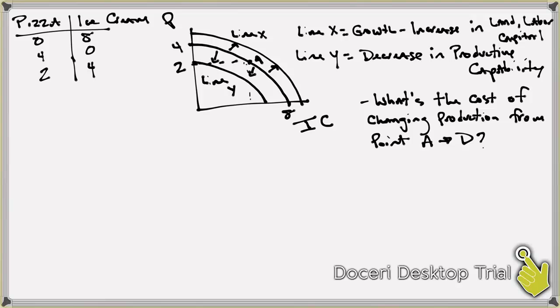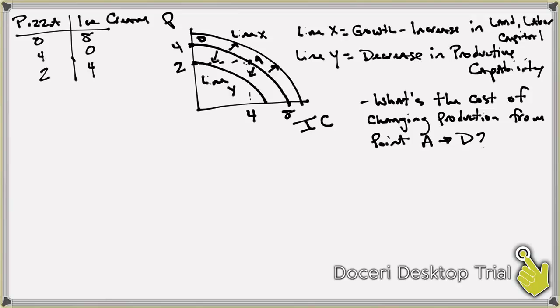And let's say that point D is way up here where we are making 4 pizzas and 0 ice cream. So we'll call this point D. So we want to know then, what's the cost of changing our production? If in our economy we decide, you know what, yesterday we produced at point A, but today we want to produce at point D. Okay?